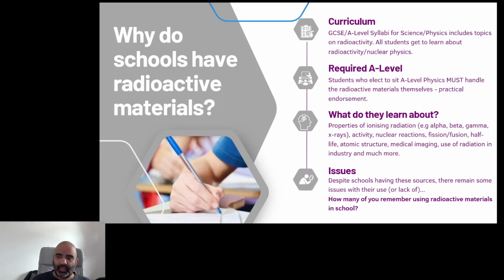Both protactinium and radon-220 have a half-life of about a minute, so you can get results within 5-6 minutes. They look at atomic structure, and then the more real-life aspects of radiation, so its use in medicine, in industry, etc.